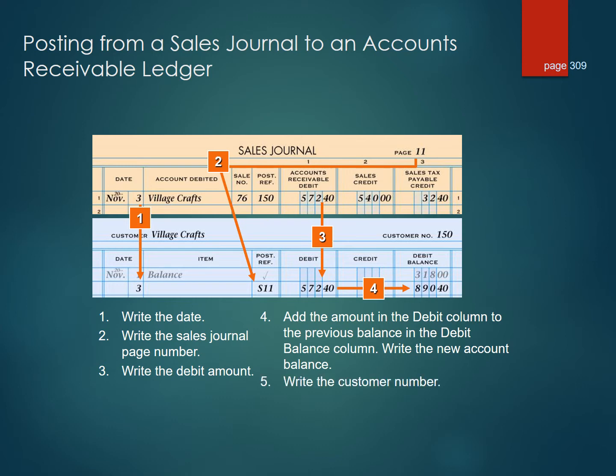The last step is to go back to the sales journal post reference column and record the customer number. This shows that this dollar amount for accounts receivable has been posted into the customer's account.